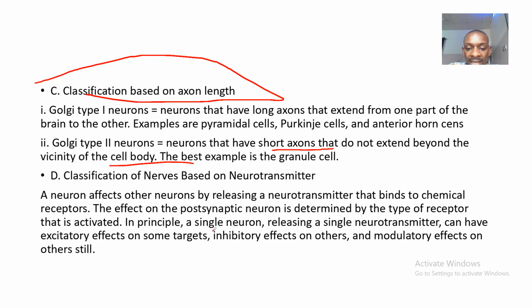In principle, a single neuron releasing a single neurotransmitter can have an excitatory effect on some targets, an inhibitory effect on others, and a modulatory effect on others. So let me explain this point. A neurotransmitter can be excitatory on some targets, inhibitory on others, and modulatory on others.